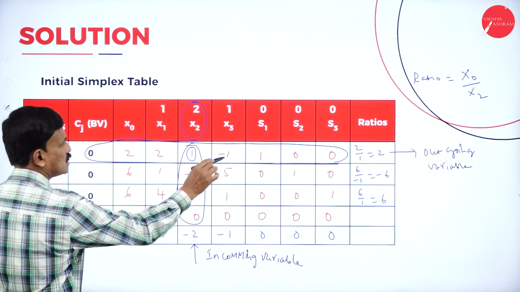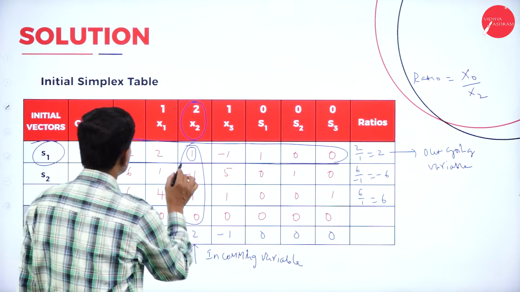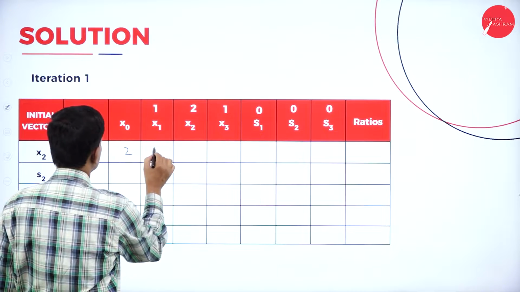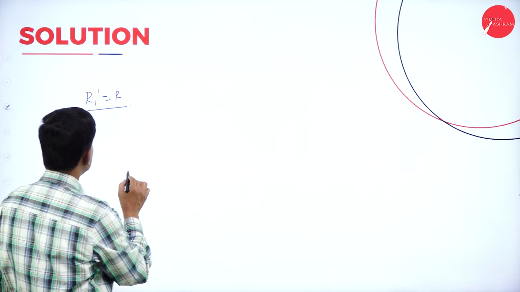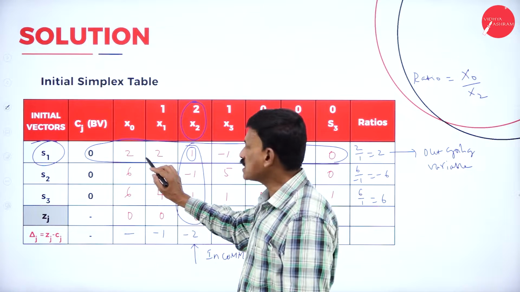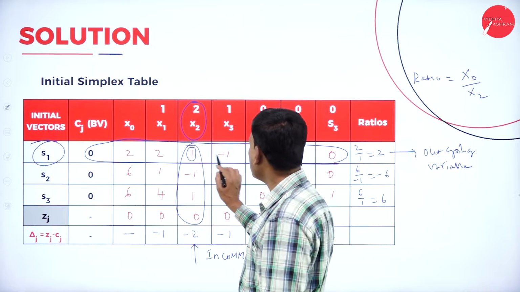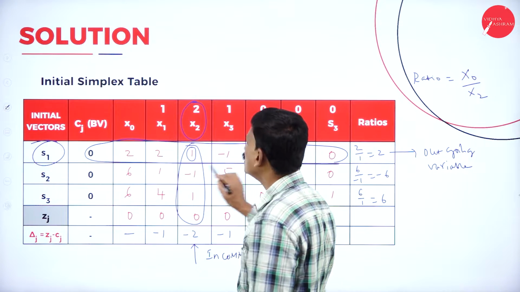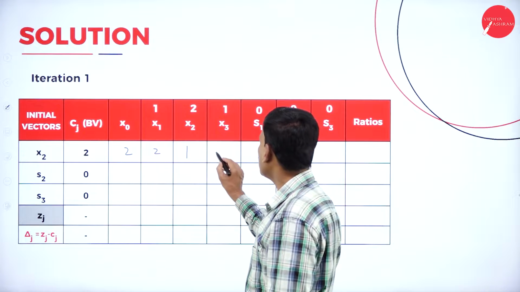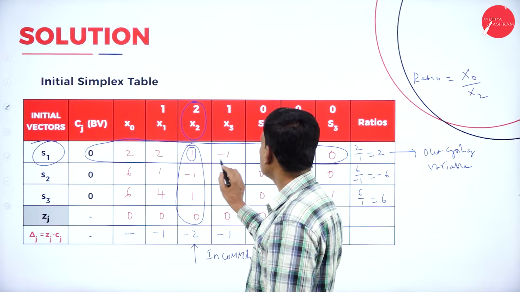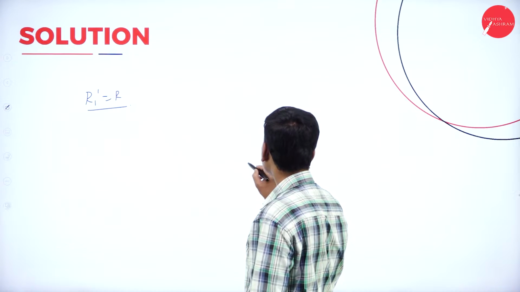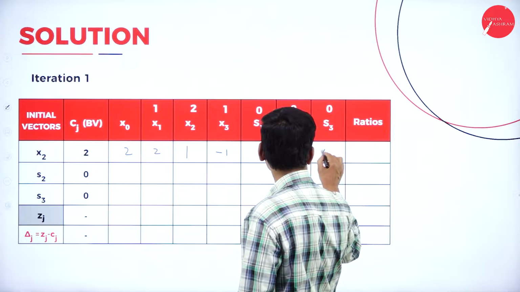So 2, 2, 1, minus 1, 1, 0 and 2. So 2, 2, 1, minus 1, then 1, 0, 0, 1, 0, 0.